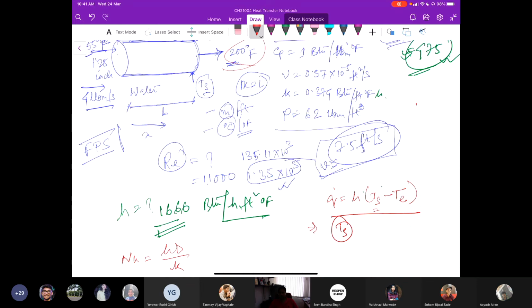So how do you calculate the length that is required? Through m Cp delta T. Absolutely. That is the requirement of the total rate of heat transfer, and you have a certain rate, so you can easily calculate how much length would be necessary.